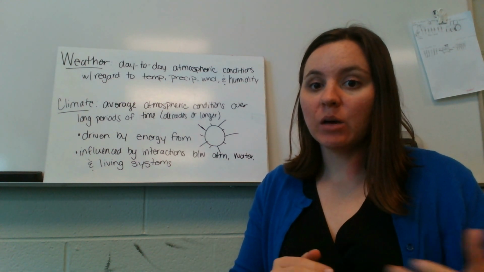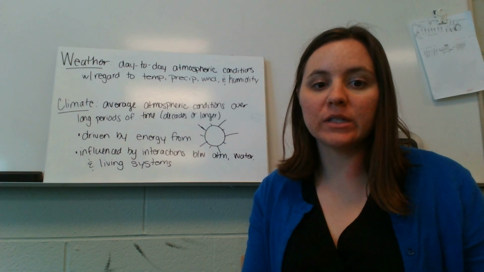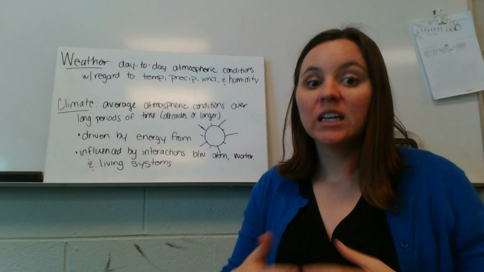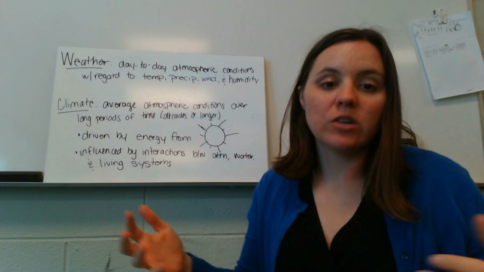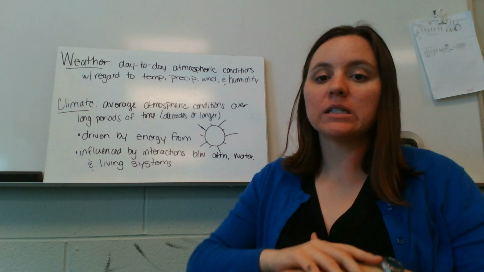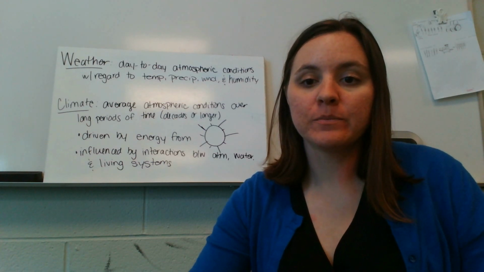So we're still talking about temperature, precipitation, wind patterns, and humidity, but over a really long period of time, like decades, so tens of years, or even longer. And so climate is a much, much longer average period of the weather.